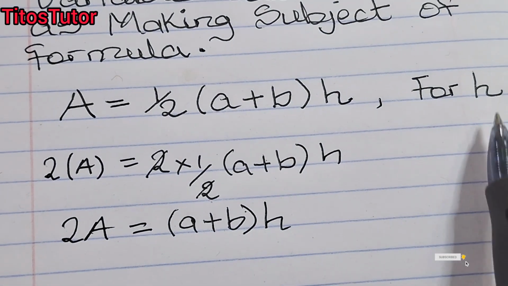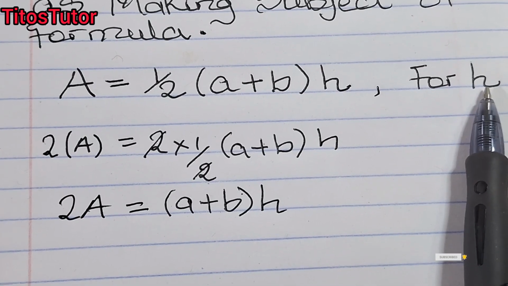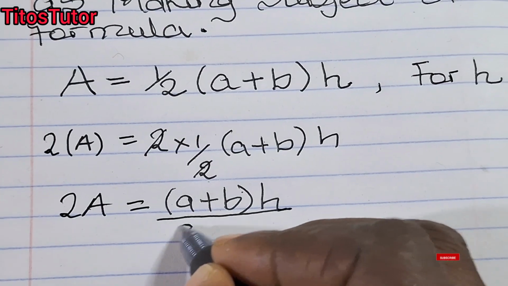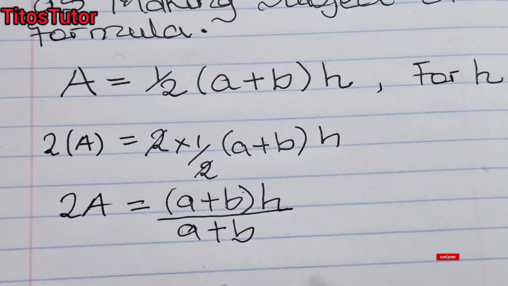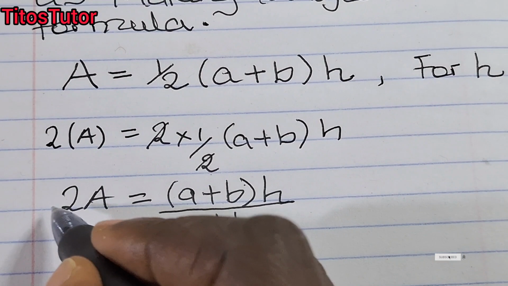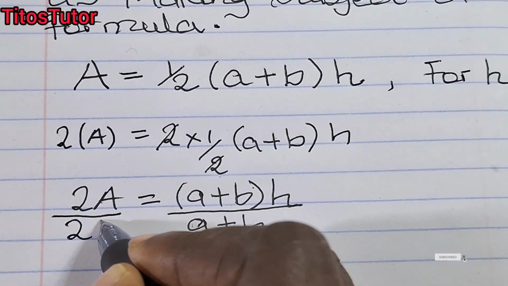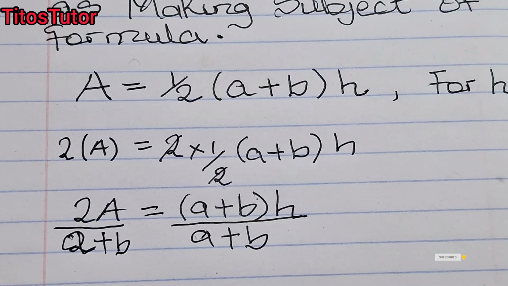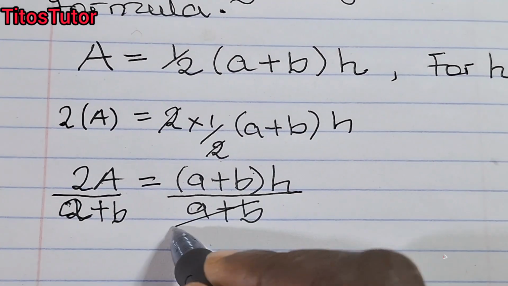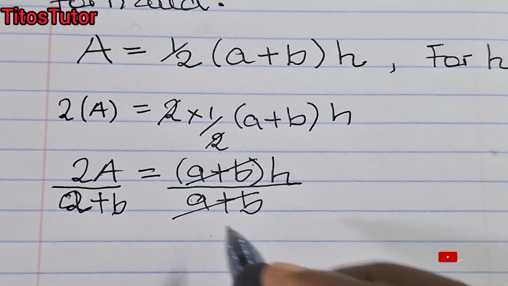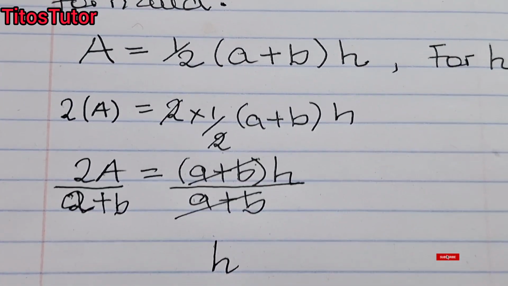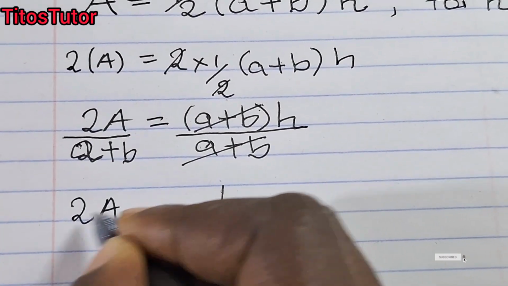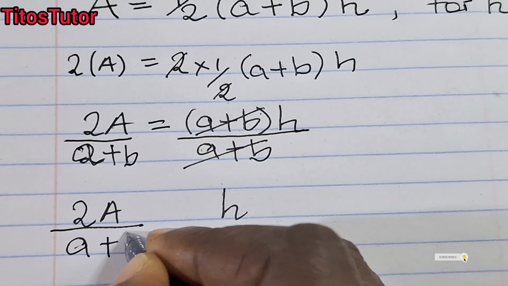Remember, we are making h the subject of the formula, so we divide both sides by (a plus b) to get rid of this (a plus b). But whatever we do to this side, we must do to this side as well. So this is 2A over (a plus b). Now (a plus b) cancels (a plus b), h stands on its own, so now we have 2A all over (a plus b).